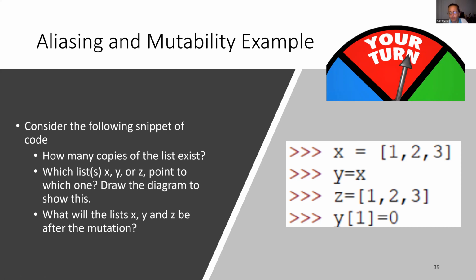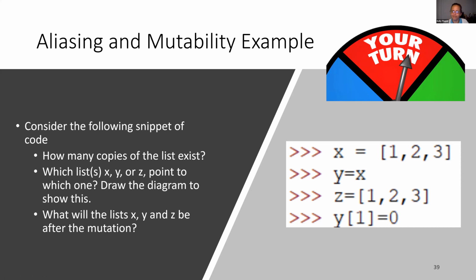You should draw the diagram to help convince yourself how many lists you have. What will the lists x, y, and z be after the mutation? So we're going to go in and we're going to change list y. Now the question is, which, if any, of the other lists get affected? Why don't you take a moment to consider that before you move on? And when you're ready, let's proceed to the next slide.